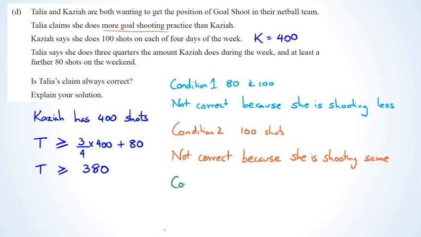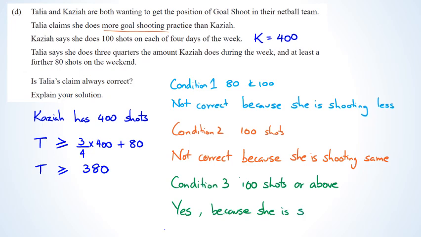So the only way she will actually be shooting more than Kazaya is if she takes more than 100 shots. So if she takes more than 100 shots in the weekend, then yes, she's correct, because she is shooting more than 400. Okay, so those are your 3 answers for this type of question.